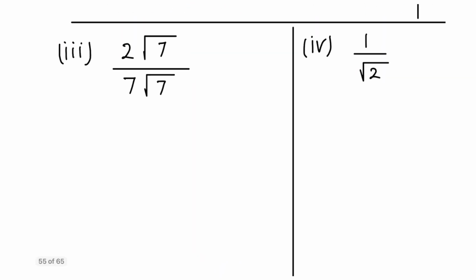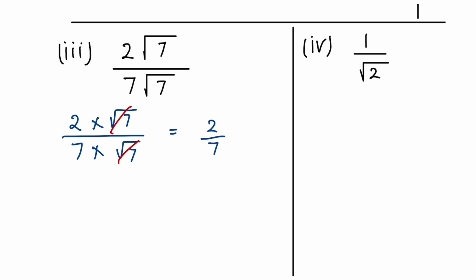Okay, moving on to the third subdivision of this question, which is 2 root 7 divided by 7 root 7. Now you can write this as 2 into root 7 divided by 7 into root 7. Now you can divide both numerator and denominator by root 7, or in other words, you can just cancel root 7 from numerator and denominator, and that gives you 2 divided by 7.